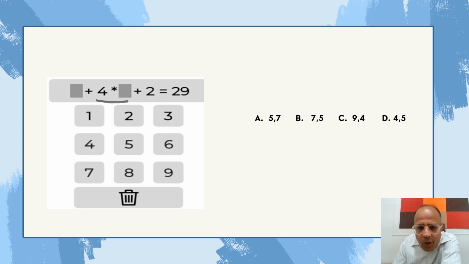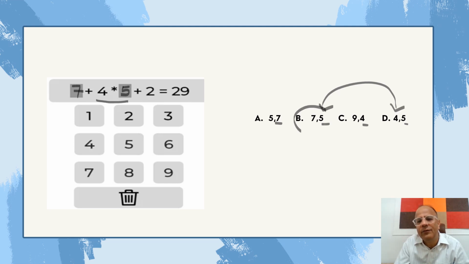If I look at the options, what are the possibilities for my second blank? 7, 5 and 4. Since 5 is coming in two options, I'll consider putting a 5 over here. That makes it 4 into 5, or 20, plus 2 is 22. So I will require a 7 over here. Once this is done, out of these two it worked, and this is going to be my right answer.